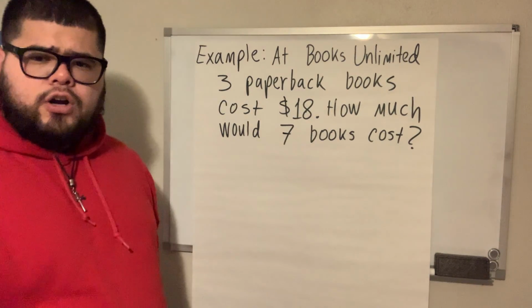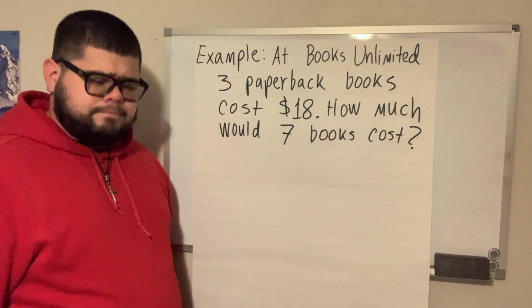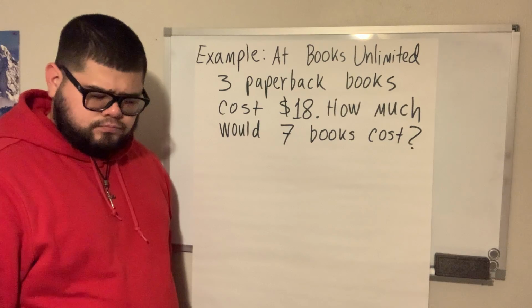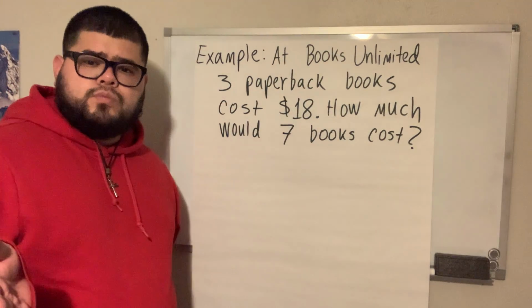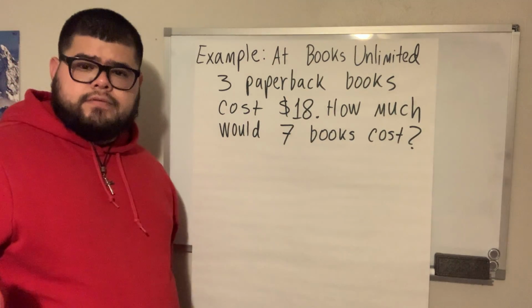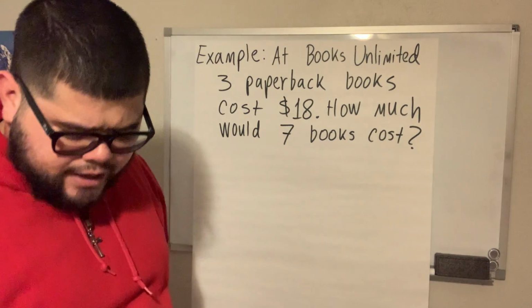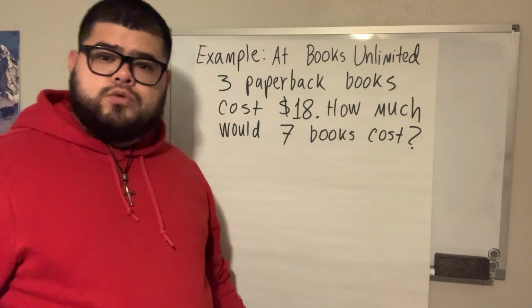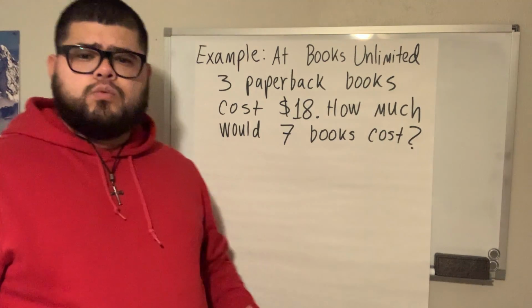It wasn't that far ago, like the previous pages. What was it? Let's type it in the chat. We got 42, right? 7 books cost $42. That's what we got.